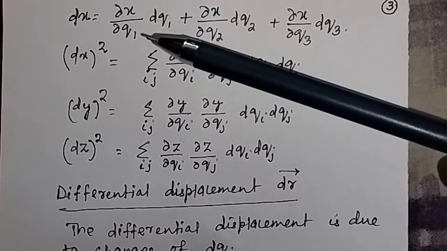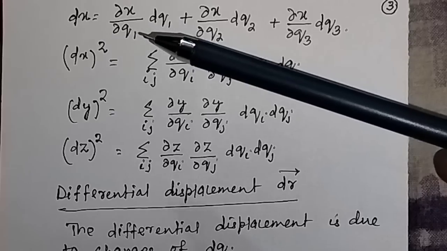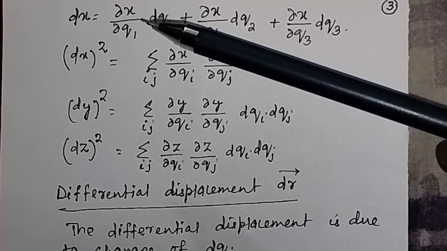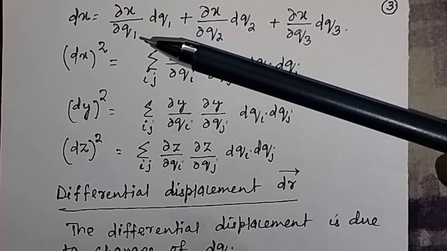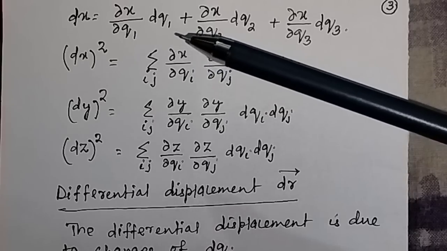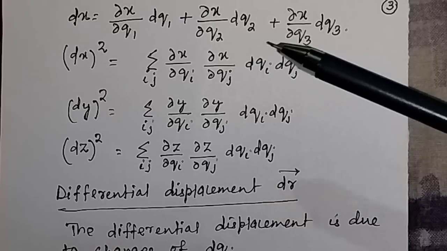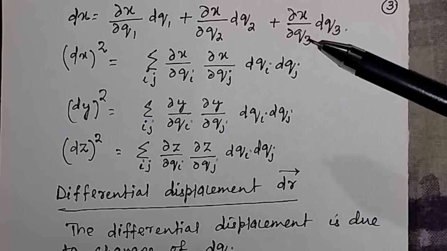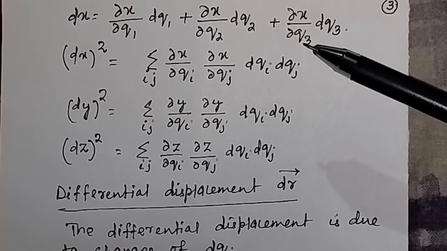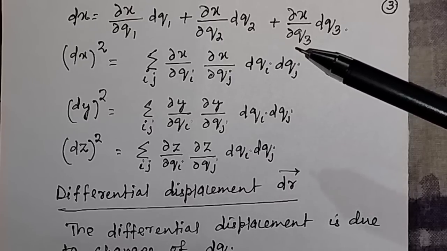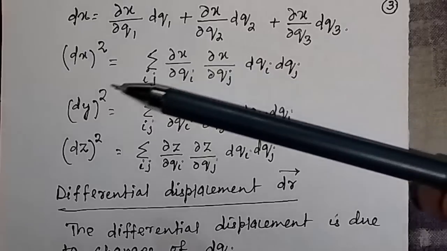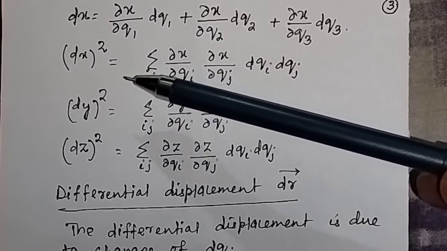In Cartesian coordinates, dx may be defined by the partial derivative of x with respect to q1, then the partial derivative of x with respect to q2, and the partial derivative of x with respect to q3. q1, q2, q3 are the curvilinear coordinates. So what will be dx square?